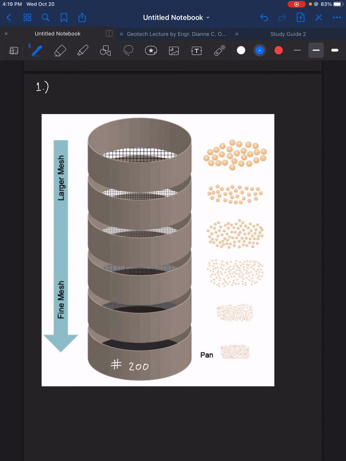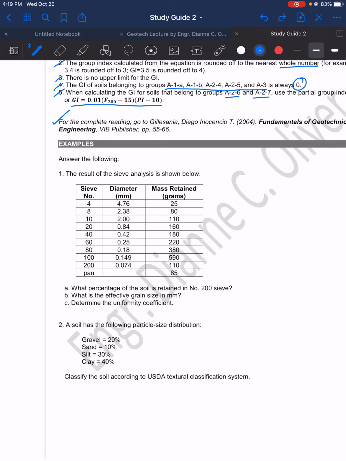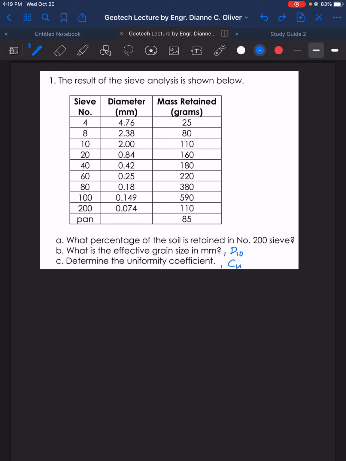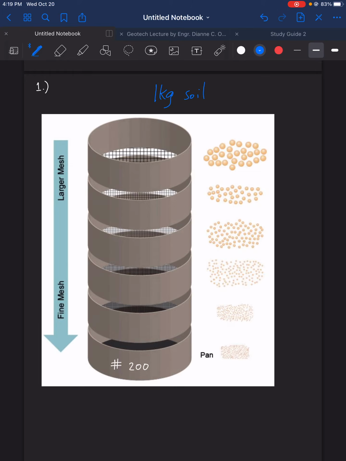So meaning, in the total of 1 kilogram of soil, how many percent is retained in number 200?